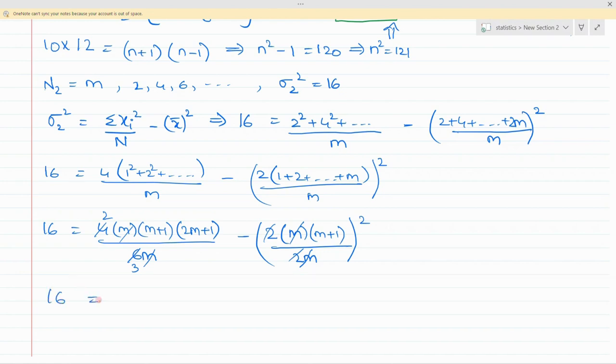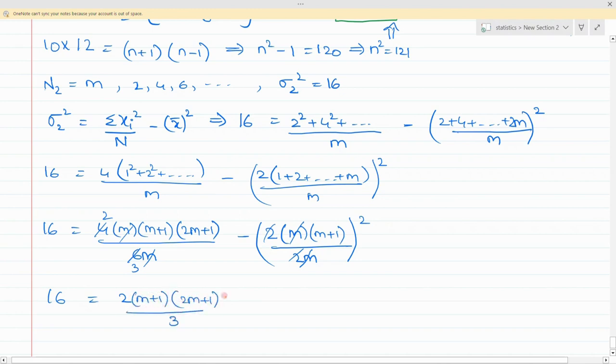So 16 is equal to 2 into m plus 1 into 2m plus 1 upon 3 minus m plus 1 whole square. So take m plus 1 as common, inside it is left over with 2 2s are 4m plus 2 upon 3 minus m plus 1.